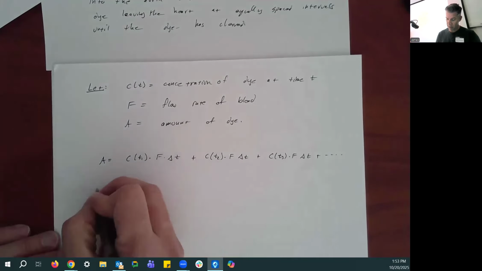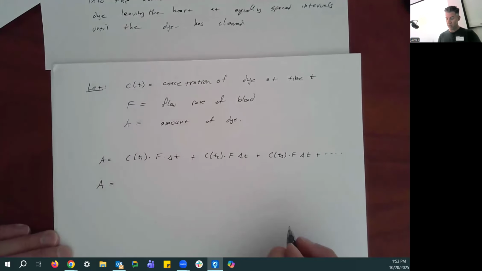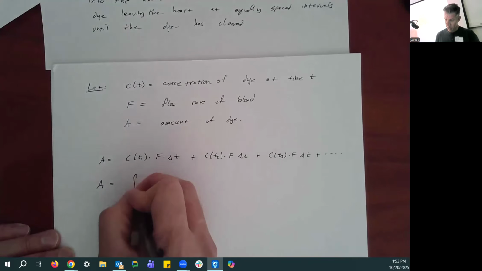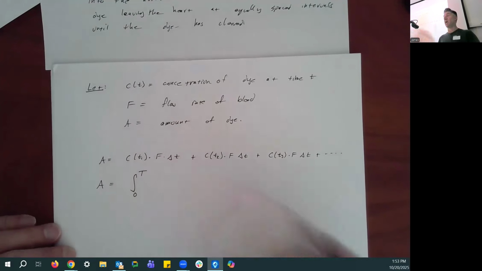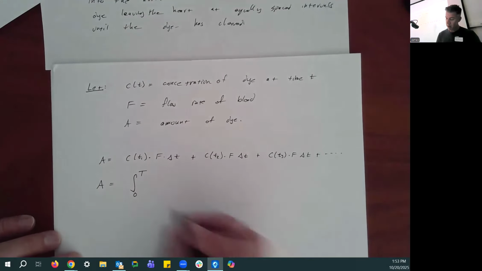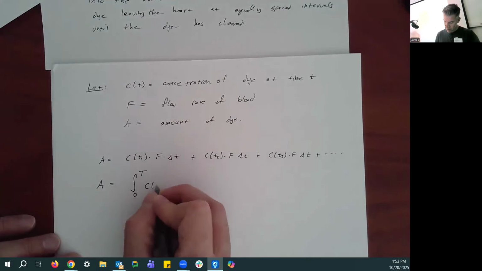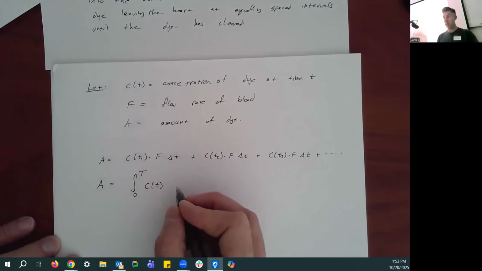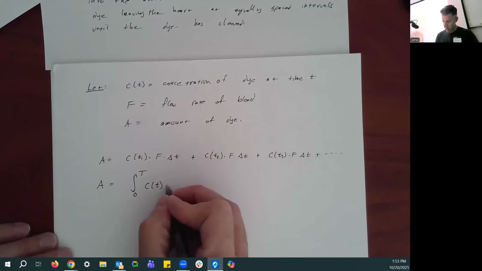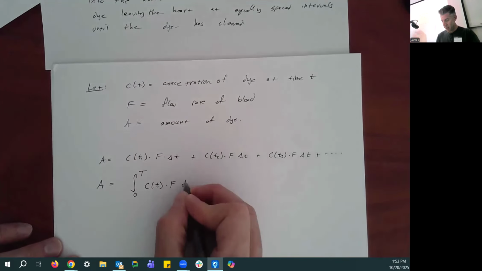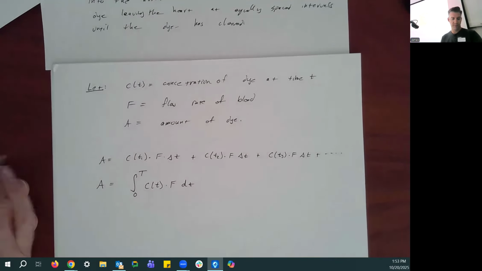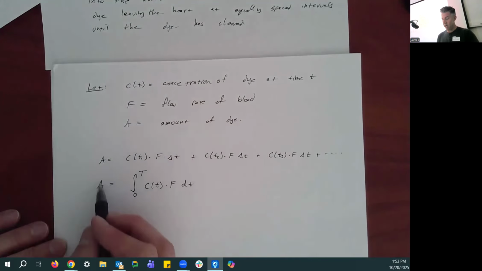So this is going to say that the amount of dye is equal to the integral from time equals 0 to, again, however much time we're using, capital T, of C of t, the concentration at whatever time, times F, the flow rate, and the delta T becomes the dt in the integral. The flow rate's a constant, the amount of dye is a constant.